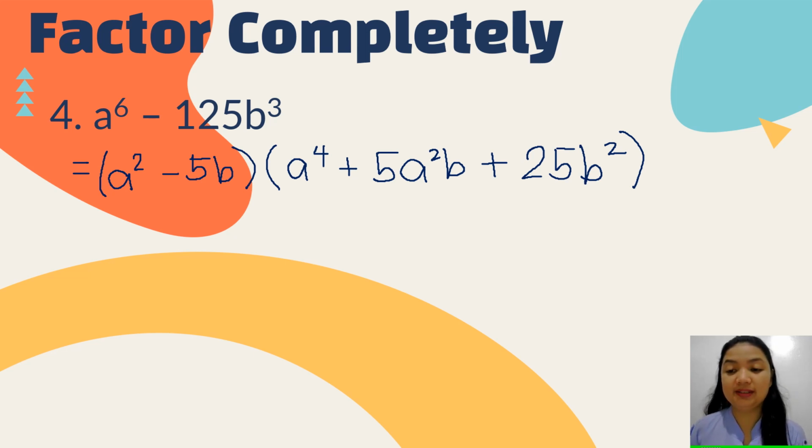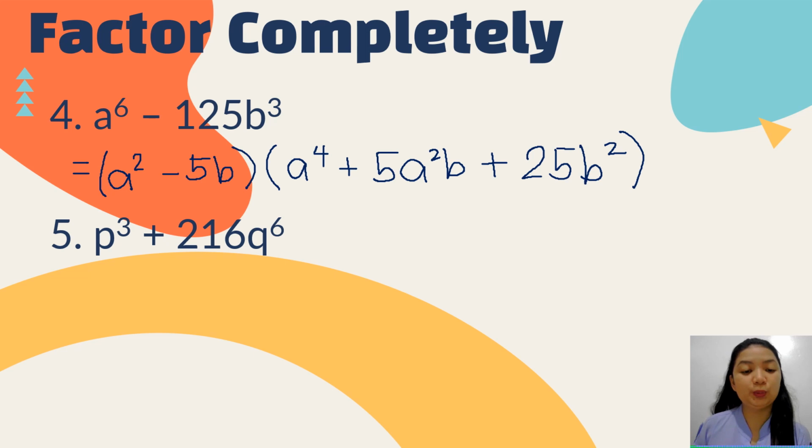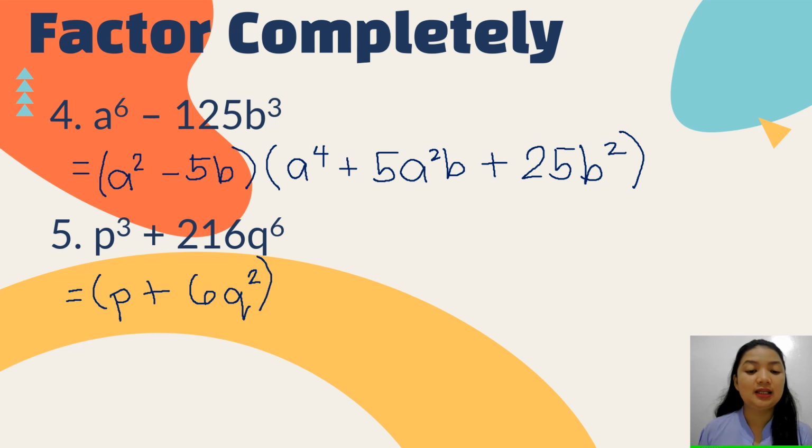So let's have the last one. p cubed plus 216q to the 6. So the cube root of p cubed, yes, that is p, plus, what is the cube root of 216? We have mentioned this one in our recall. Yes, that is 6q squared, since we divide 6 by 3.